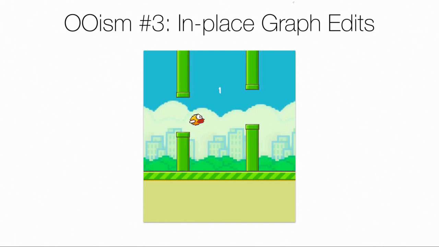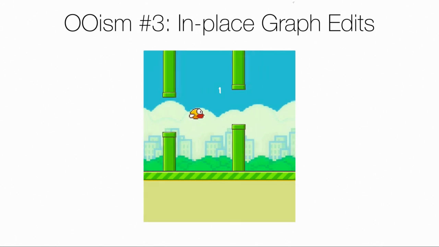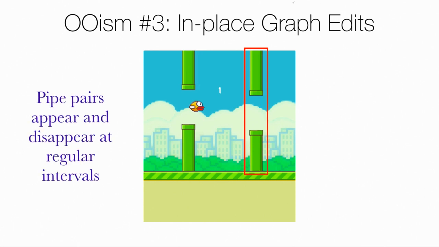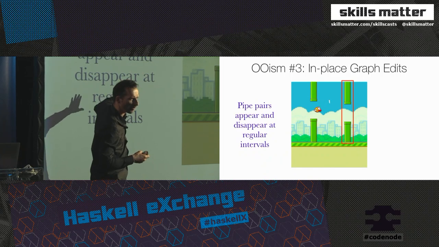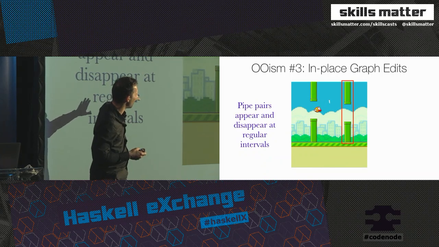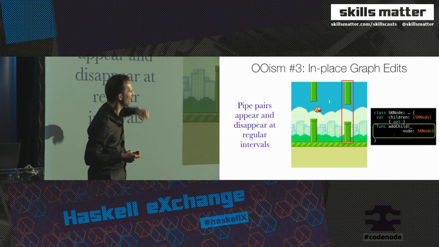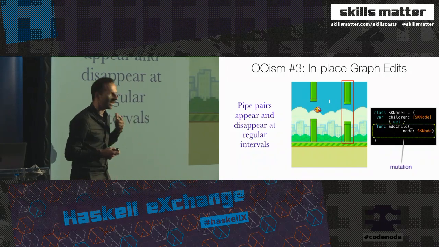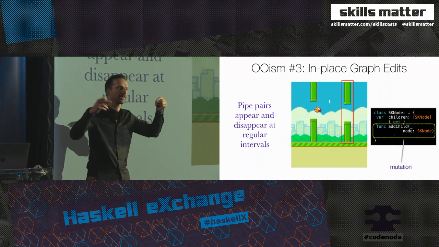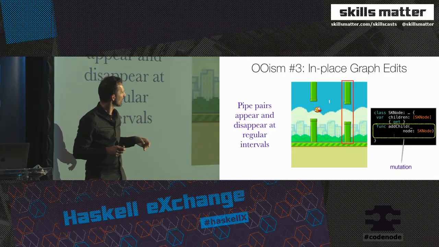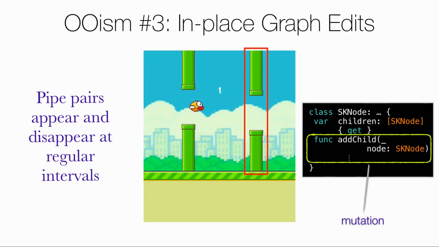So it gets worse, because look, there are these pillars, pipes, and so there are new ones coming in from the right and old ones dropping off the screen. So how do we do that? Well, in this abstract base class, which we've seen a few times now, there's a method with which you can add things to the tree in place, obviously.